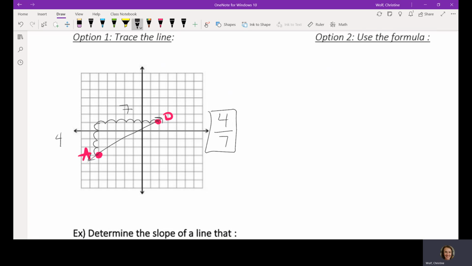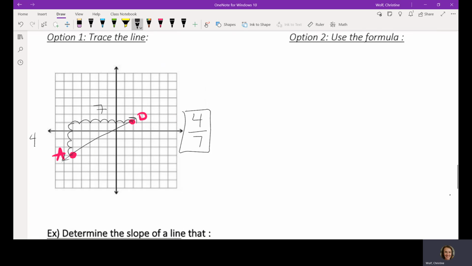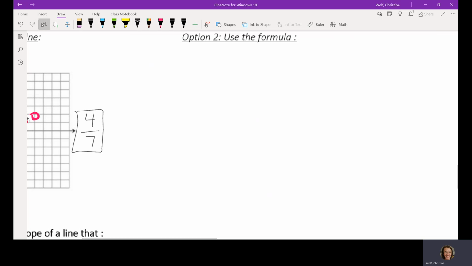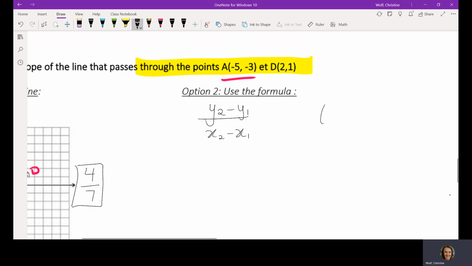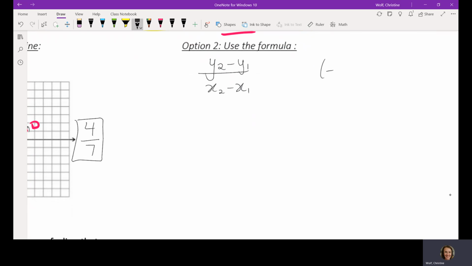But if you're not someone who likes to draw, you don't want to pull out graph paper, barf, that sounds awful. Option 2 is you use the formula. This is the formula I gave you on the front page. Okay, and we plug the points in. So I'm just going to write them out here. The points that I gave you were -5, -3, and the other point I gave you was 2, 1.